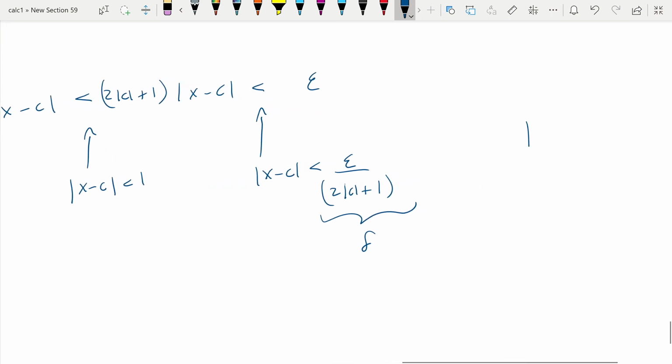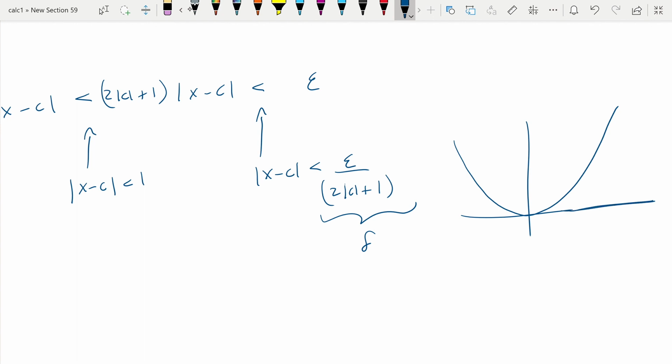Here, the function x squared grows like this, right? If you're here, the function doesn't change too much. So if you want this to be very close to the limit, you can take this interval here, right?